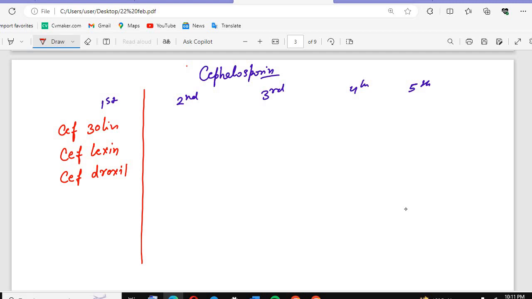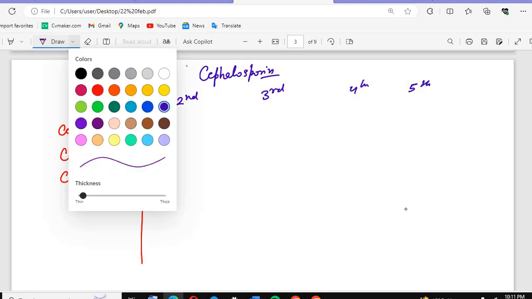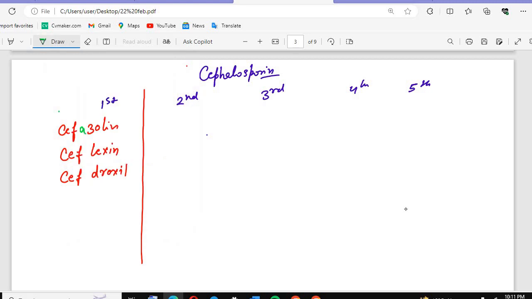Just remember these things: they all have the letter A after cef, like cefa. If A is coming, A means first, so these are the first generation.